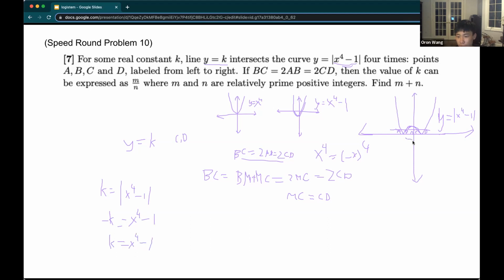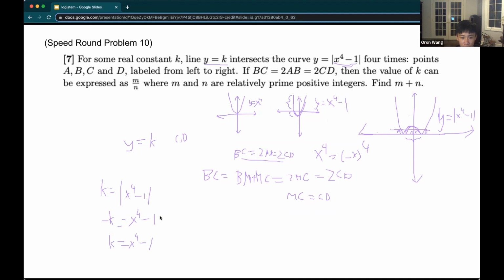And in this graph, we see that the part closer to the y-axis has been reflected across the x-axis. So that is the part that the absolute value has modified. Notice that this part is changed, but this part is not.